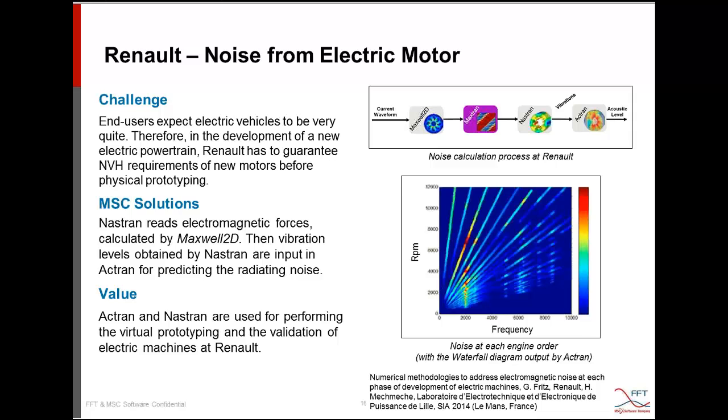At the end, Actran outputs the graph on the right. It is a waterfall diagram that shows the engine orders, and Actran can now, in addition to this graph, automatically display the noise for each of these orders as a function of frequency, what we call at FFT the automatic order tracking.